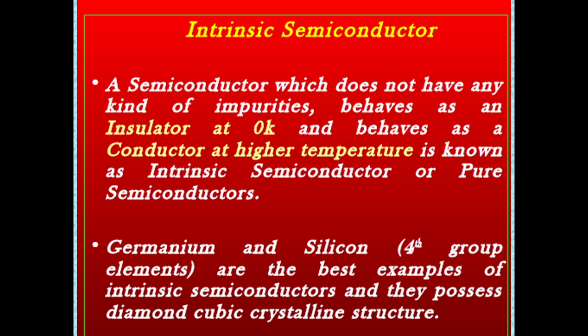Now we have to deal with the intrinsic semiconductor. A semiconductor which does not have any kind of impurities behaves as an insulator at 0 Kelvin and behaves as a conductor at higher temperature, and is known as an intrinsic semiconductor or pure semiconductor. Once again I repeat, a semiconductor which does not have any kind of impurities behaves as an insulator at 0 Kelvin only and behaves as a conductor at a higher temperature.